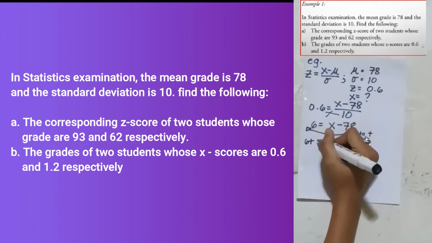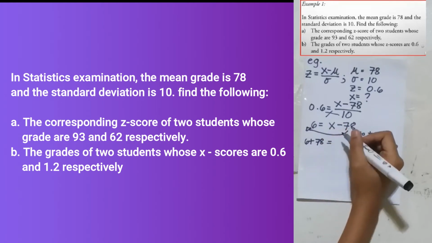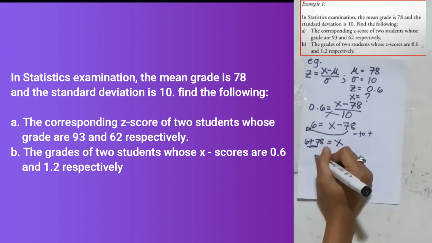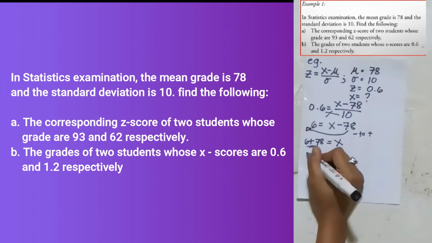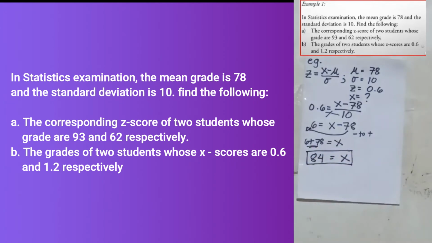So 6 plus 78 instead of 6 minus 78, because we already transposed 78 to the other side. So 6 plus 78 is equal to x. 6 plus 78 is 84. So our x is 84.